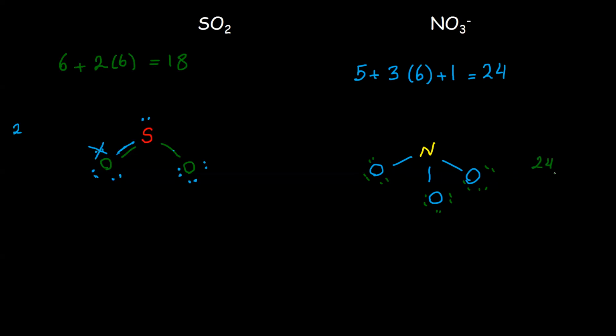So it means we don't have any leftover. And also, if we check nitrogen, we see nitrogen has 2 electrons, 4, 6. It doesn't have 8 electrons. The outermost shell of nitrogen is not full of electrons. So in this case, how can we fix this problem?